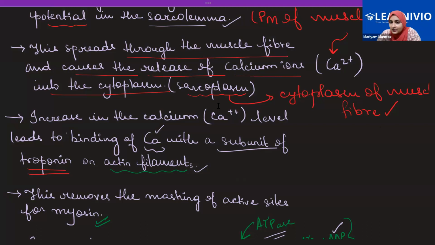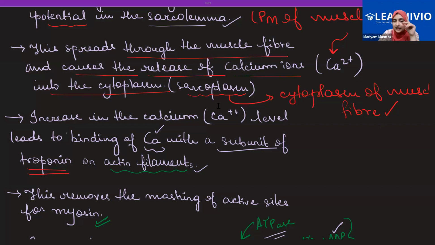Now, when the acetylcholine is released, it makes the sarcolemma, which is the plasma membrane of the muscle fiber, get charged, and that spreads the information throughout the muscle fiber, because of which calcium ion is released. Is this much clear to everyone? Yes, ma'am.